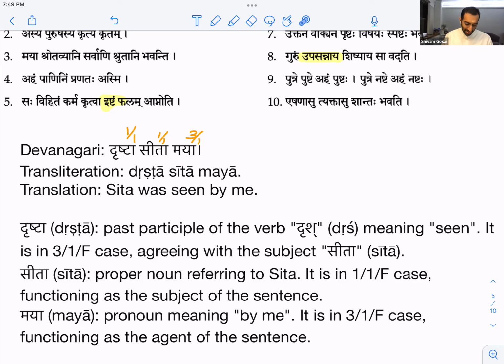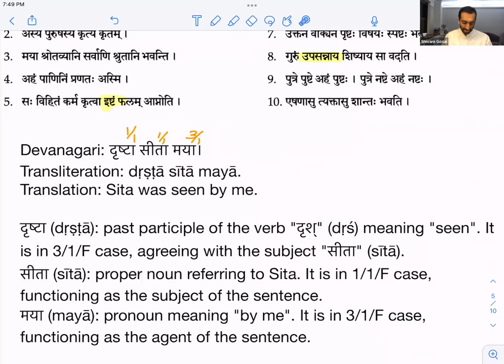So, Sita was seen by me. By me. Okay, so this is Kartari Tritiya to Drishta.